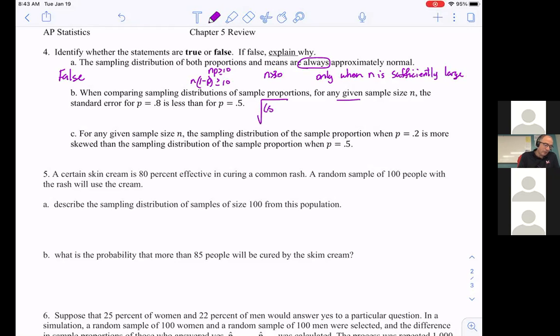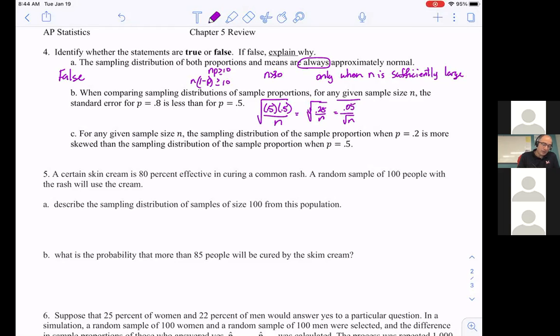If I had 0.5, I'd have 0.5 times 0.5 divided by n. So that ends up being the square root of 0.25 divided by n, which is 0.5 divided by the square root of n. Wrong answer, that's 0.05.